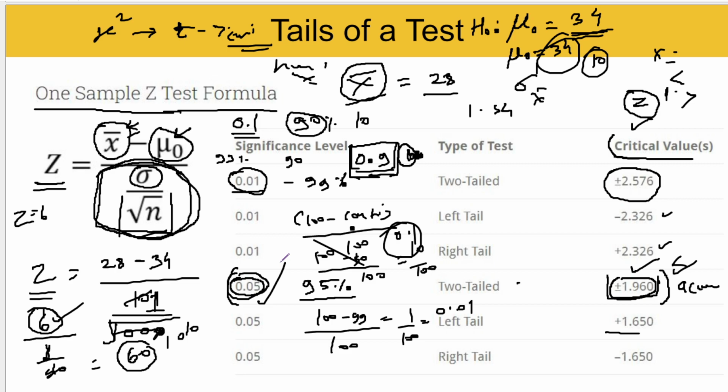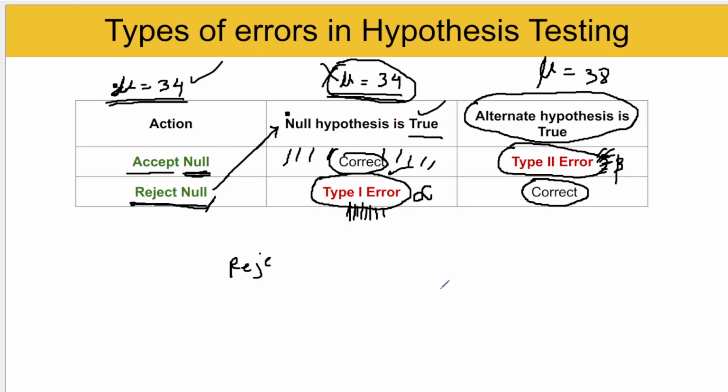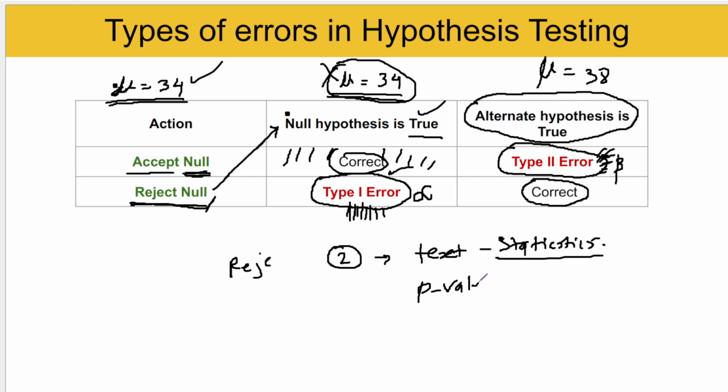I just forgot to tell you one thing, and I will tell you here. There are two types of doing the hypothesis test. The first one is the test statistic, which we did now, correct? And another one is the p-value.